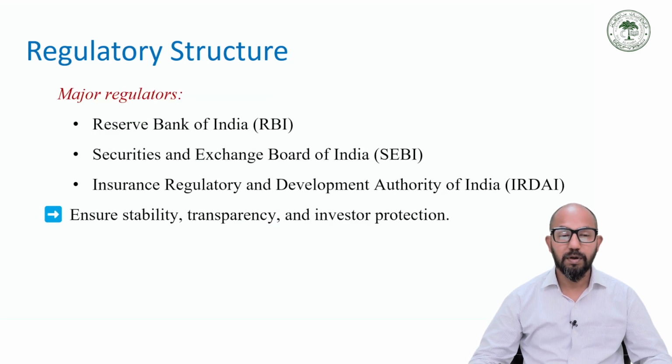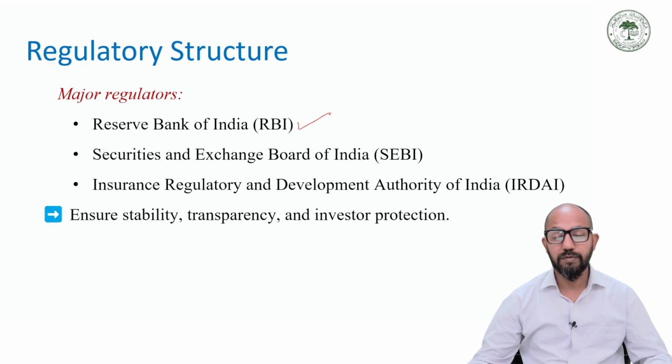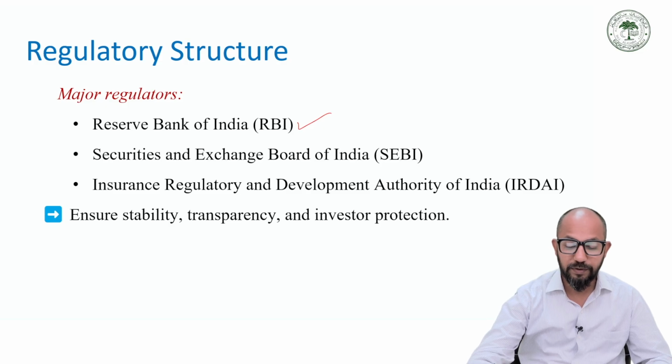Let us now talk about the regulatory structure. There are certain major regulators that fall under the regulatory structure and which are very important to be dealt with. The Reserve Bank of India, through different rules and regulations, takes control of all the commercial banks and other financial entities.